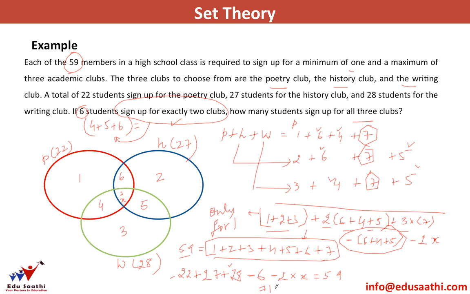So 71 minus 59 is equal to 2 times X. So 2 times X, I'm just taking my calculations here. 2 times X is equal to 12, or X is equal to 6. So the number of students who sign for exactly 3 clubs, the answer is 6. I hope you've got a clarity on these kind of questions.